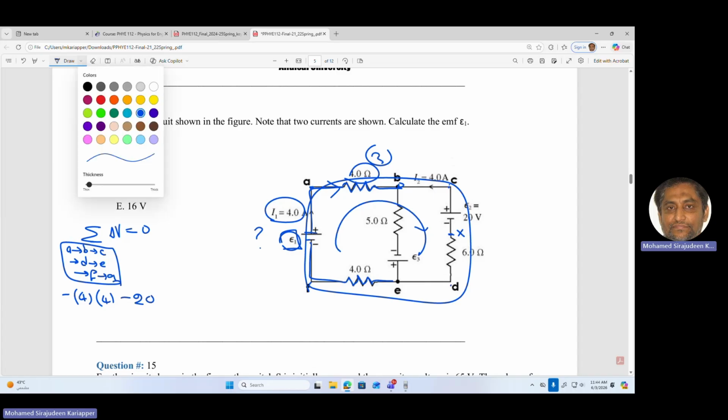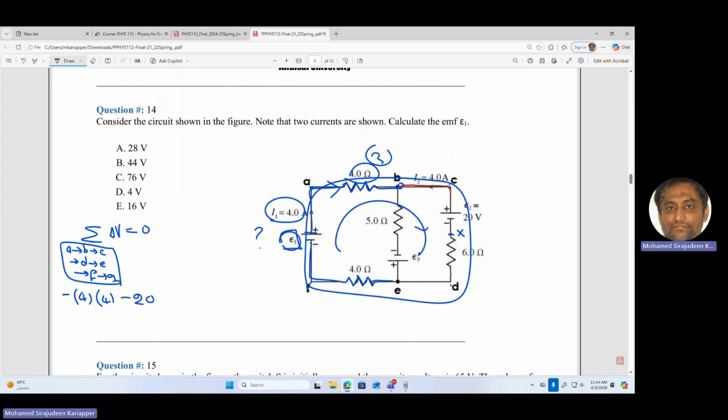Now, let me do something just to make it very clear for people who are looking at the recording, hopefully. In this red segment, it is the same current, right? Because there is no joint branching here. So the current here is I2 in this direction. That means the current will be like this, I2.